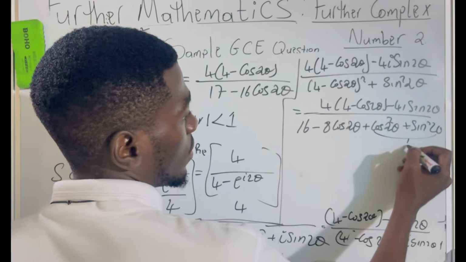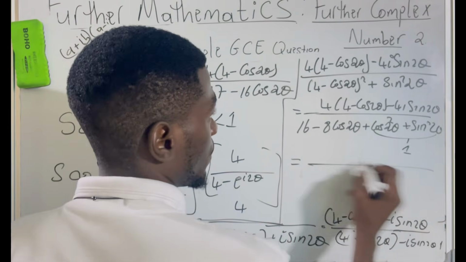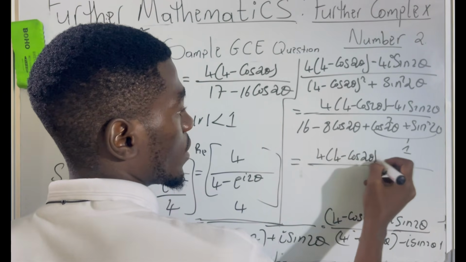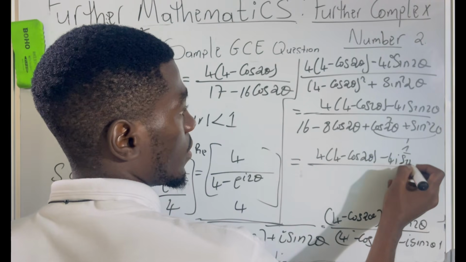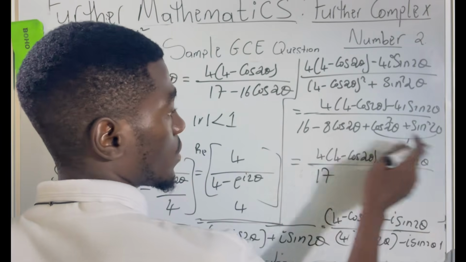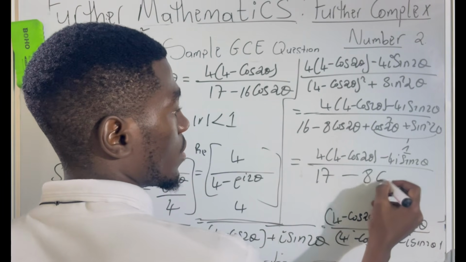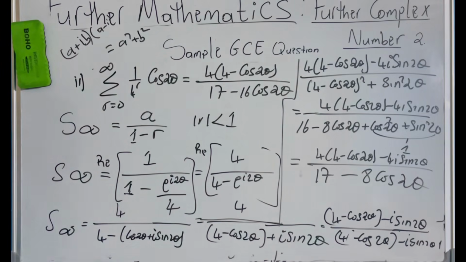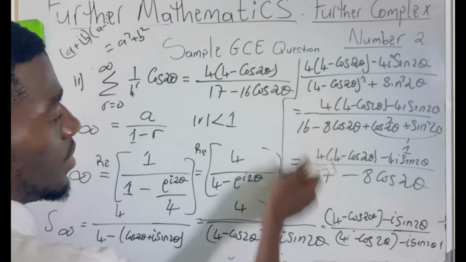This identity is what? It is 1. So 1 plus 16, 17 minus 8 cos 2 theta. As easy as that.